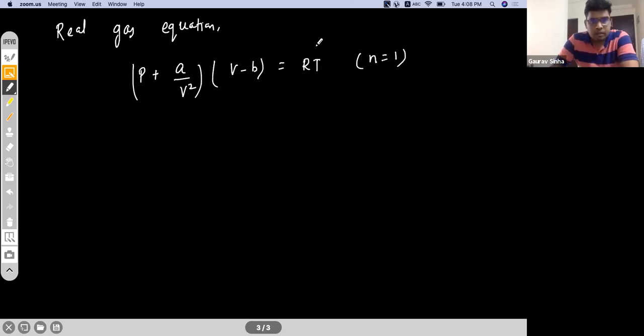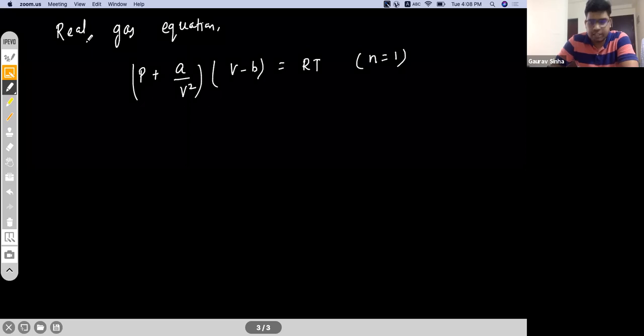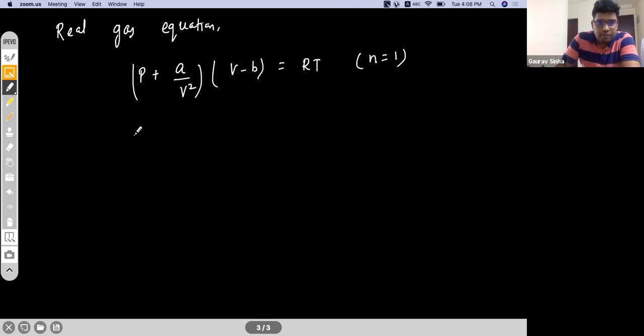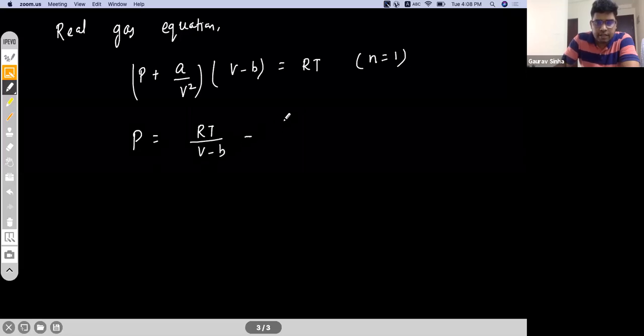Okay. We need to find out Z, right? Z is nothing but PVm by RT. So first of all, we'll find out P from this. What is P here? It is RT by V minus B minus A by V square.